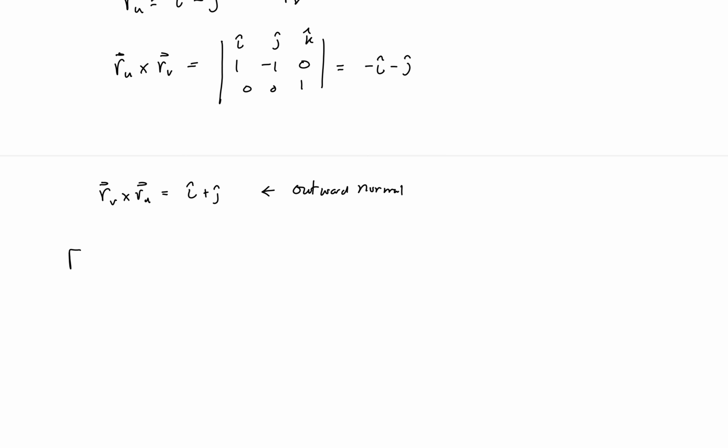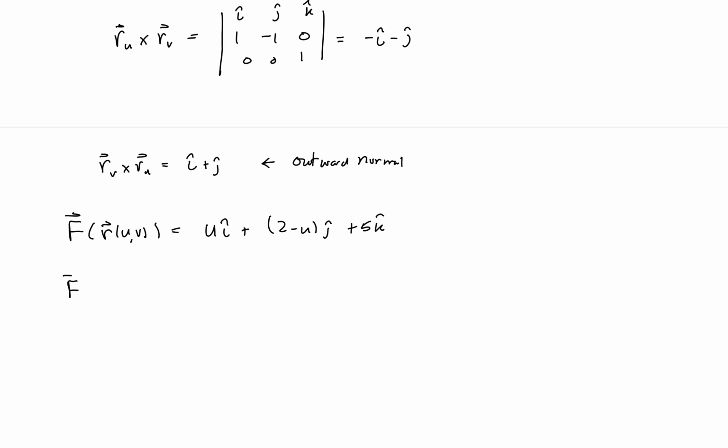And let's evaluate our vector field on this parameterization. And we get u i plus 2 minus u j plus 5k. Again, we take the dot product. And this is going to give me u plus 2 minus u, which is just 2.